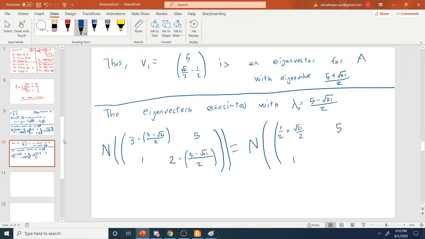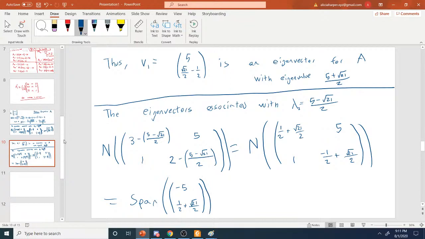5, 1, and then negative 1/2 plus the square root of 21 over 2, which is just going to be equal to the span of the vector negative 5 and 1/2 plus the square root of 21 over 2. So I'm not going to sanity check this because I'm very confident that it's correct.